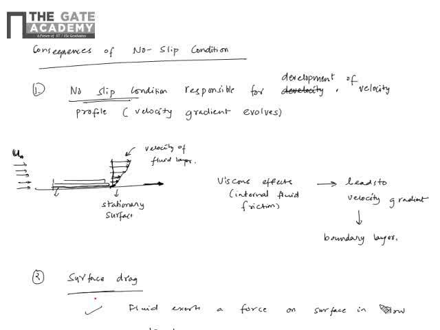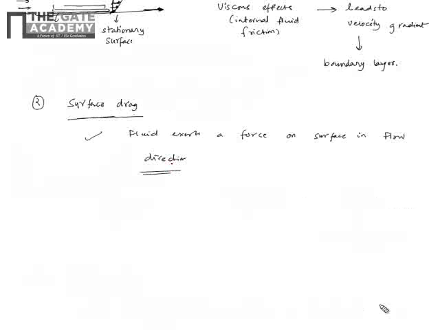So this surface drag is very important, and the fluid exerts it in the flow direction. What it means is there are two cases here. Let me explain the two cases. First, you have an object kept in a moving fluid.